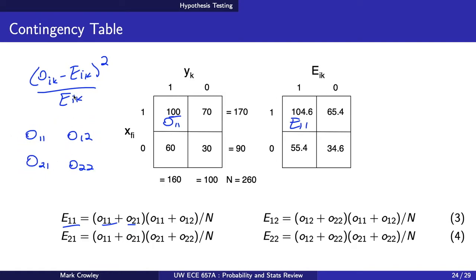So we're saying that we're going to add these together and add these together and then multiply them, right? In order to get the normalizing for this, and we're going to divide it by n, which is all the data points, right?